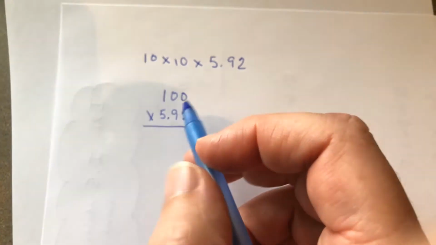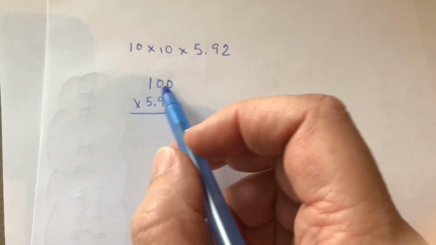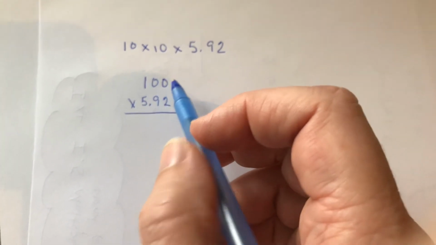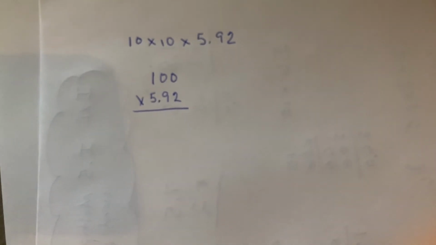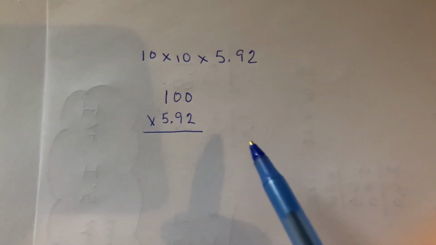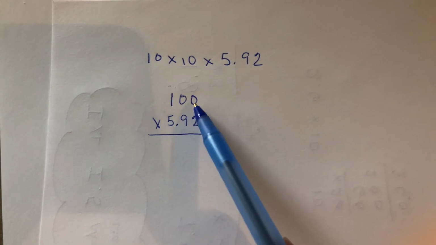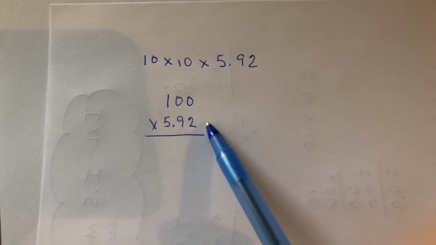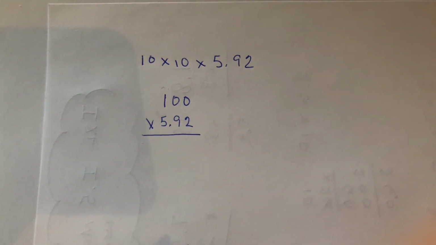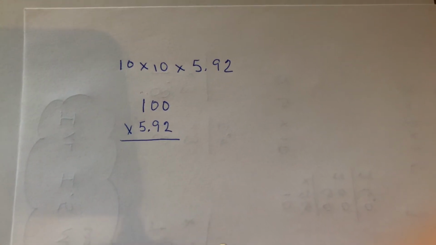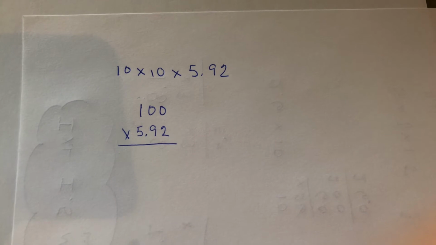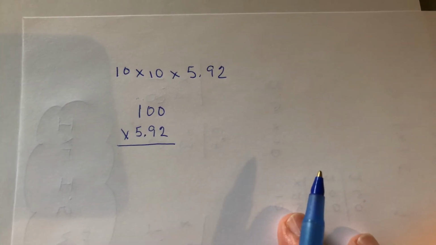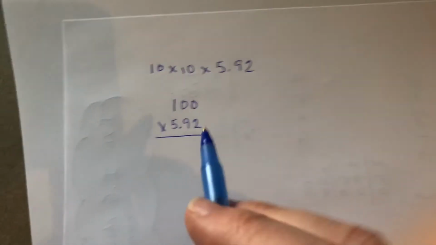Whenever you're dealing with numbers in the tens, either 1, 10, 100, 1,000, you can just tack the zeros on. So there's 2 zeros there, so we know that this number times 100 is just going to have 2 zeros attached to it. But let's go ahead and multiply it out anyway.